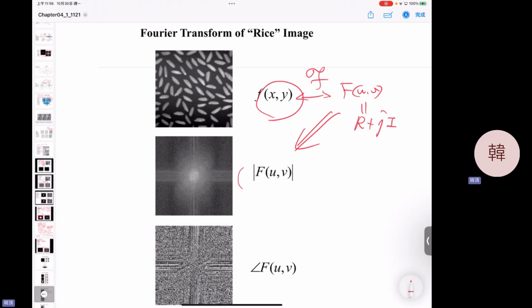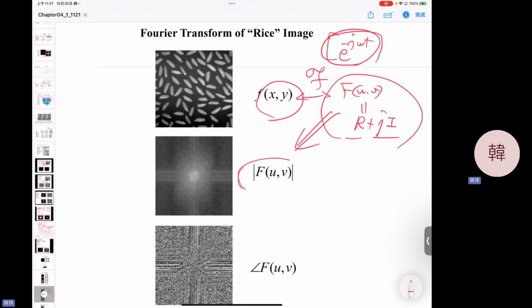For sure, because your transformation is e to the minus j omega t, it's an exponential, a complex operation. So sometimes you have some imaginary part data, and that imaginary data gives you the angle information, the phase spectrum information. So your Fourier transform is complex data: a real image and an imaginary image.